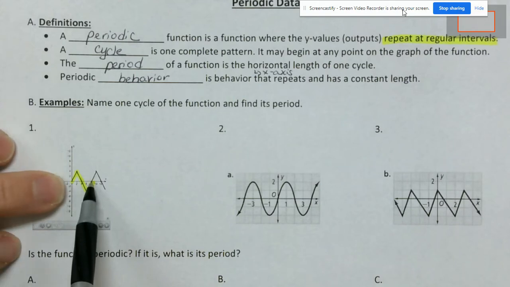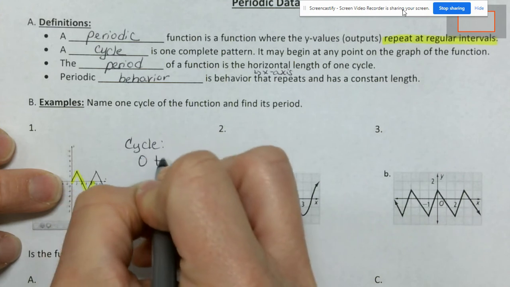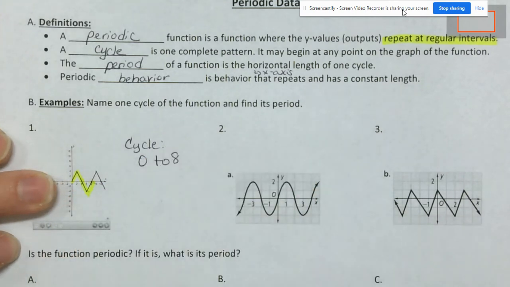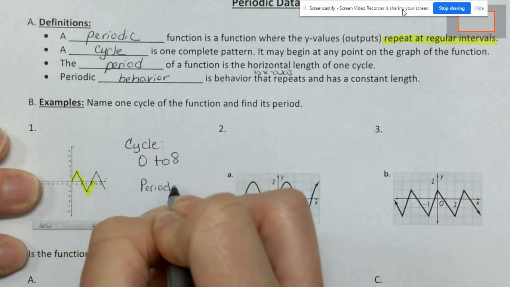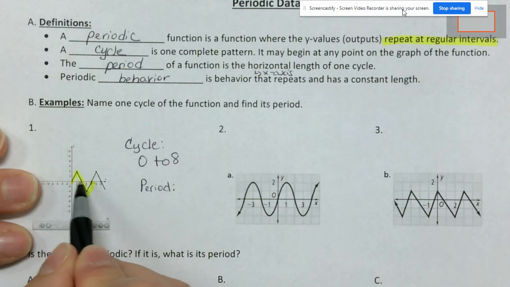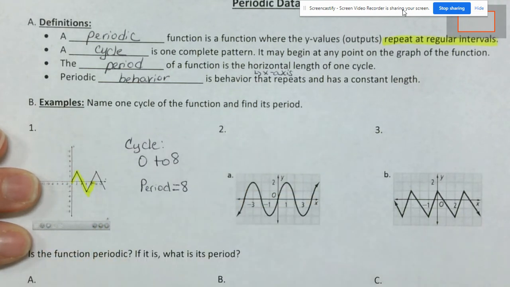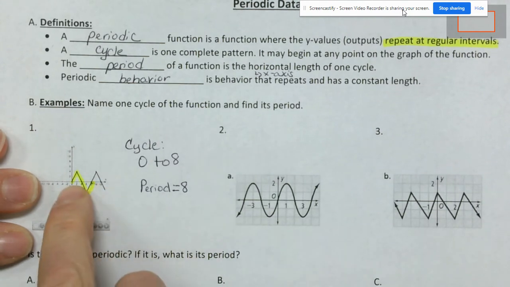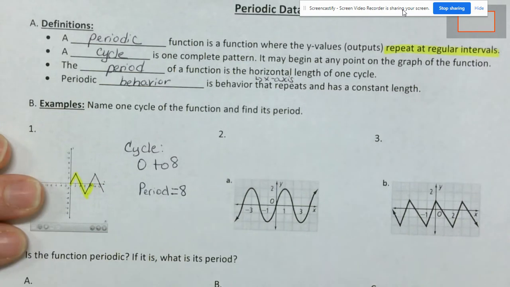So we've got one cycle. So our cycle is from 0 to 8. That's our cycle. And our period, the period is the length of a cycle. So the horizontal length. So we went from 0 up to 8. So that means our period is going to be equal to 8. So however long this cycle lasts on your x-axis, that's your period.